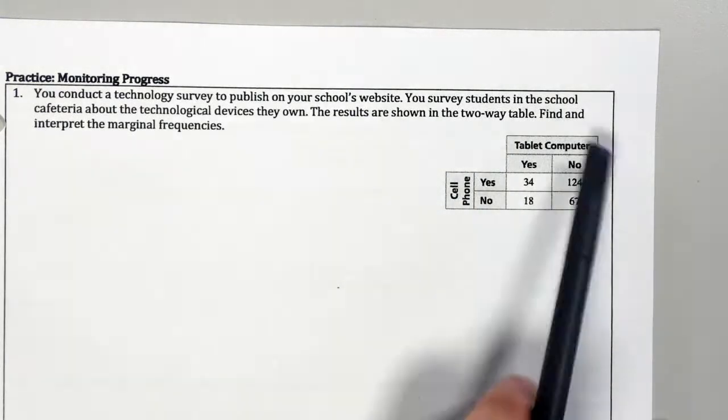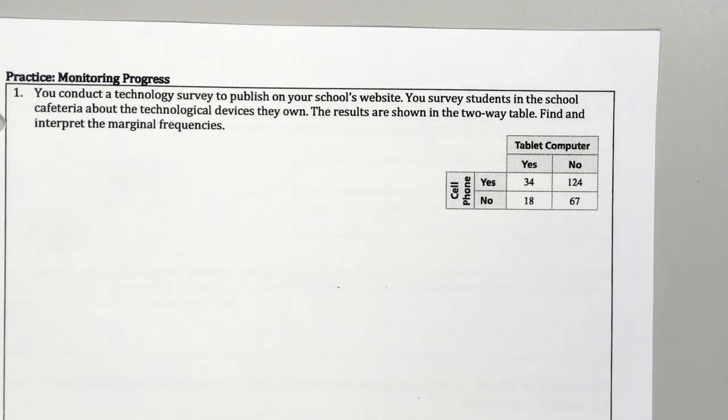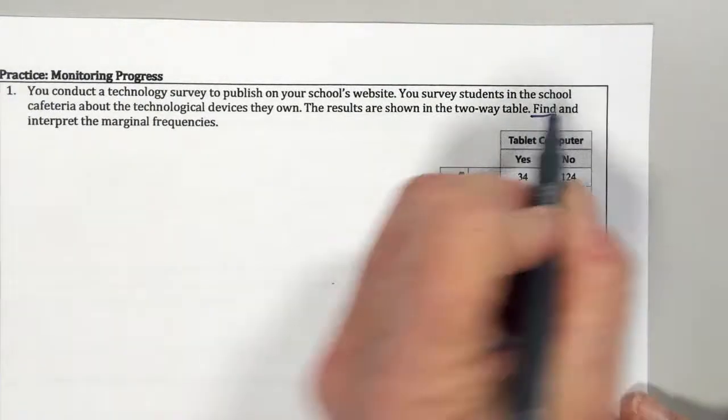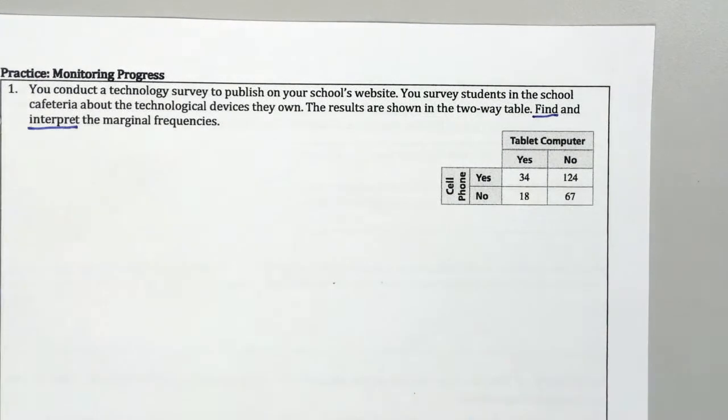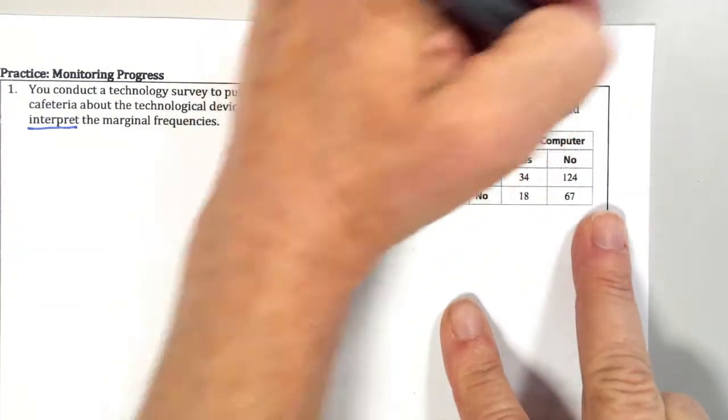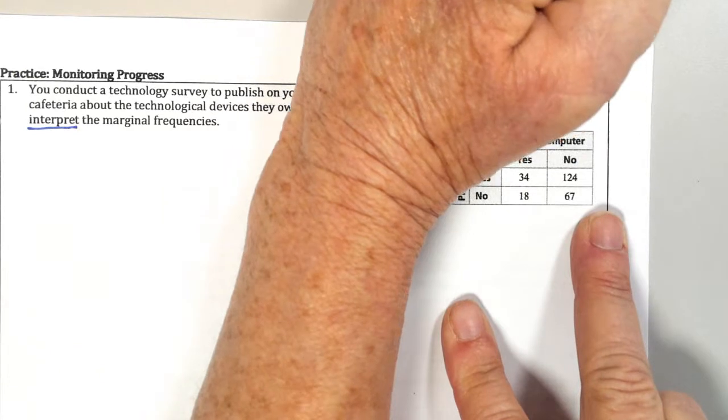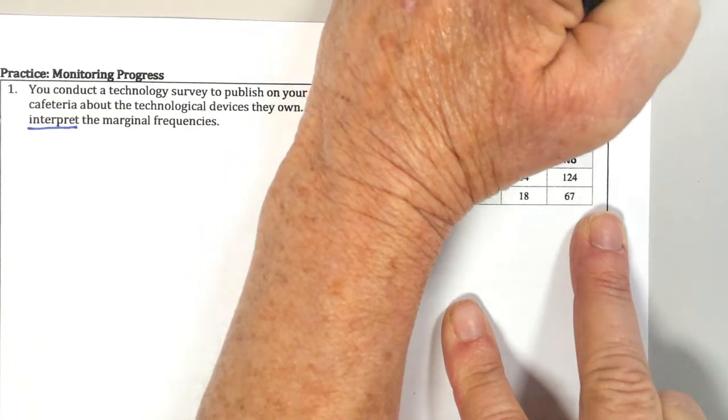So the results are shown in the two-way table, and what they want you to do is find and interpret the marginal frequencies. So the 2 most important words in that passage is the word find. So find means to calculate, so we need to do some calculating.